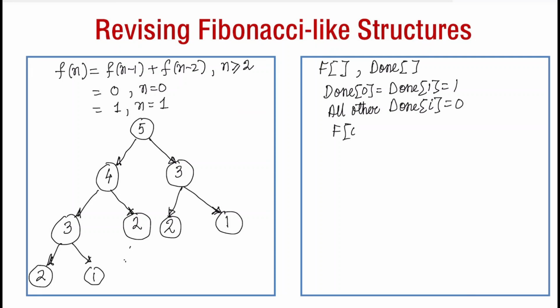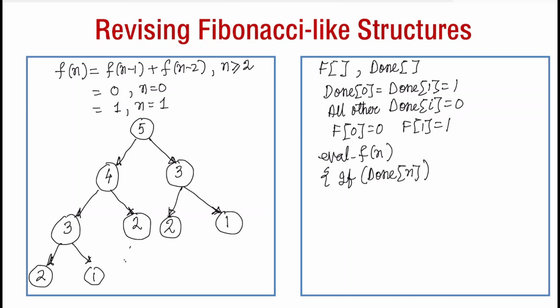We set F0 equal to 0, F1 equal to 1, and then we wrote the evaluation function, eval Fn, and the first thing we checked is if done n, return Fn. Here done n means done n equal to 1. If done n equal to 1, return Fn.